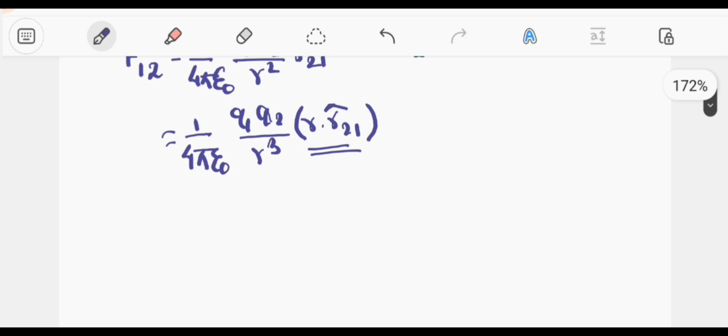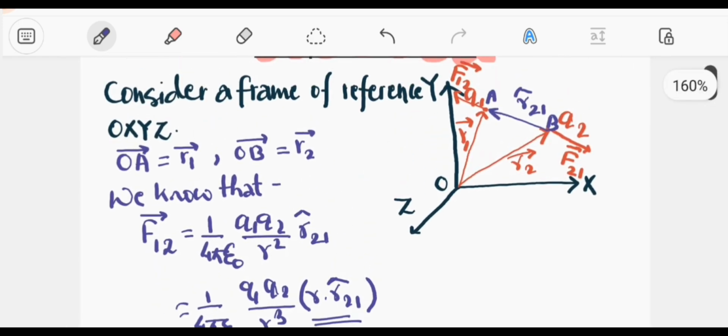From triangle's law of vector addition, we can see from the figure over here that OB plus BA is equal to OA.